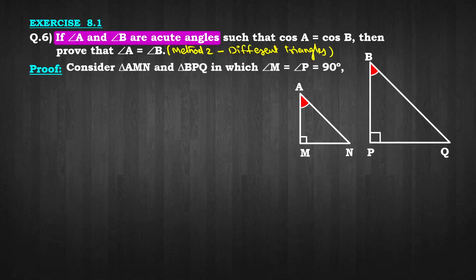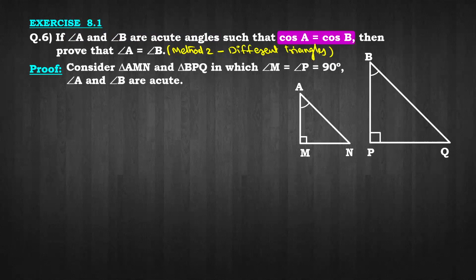So consider triangle AMN and triangle BPQ, and in these two triangles, angle M and angle P are equal to 90 degrees. Here angle A and angle B are acute angles. Now given cos A is equal to cos B, we have to prove angle A is equal to angle B. How are we going to prove it?